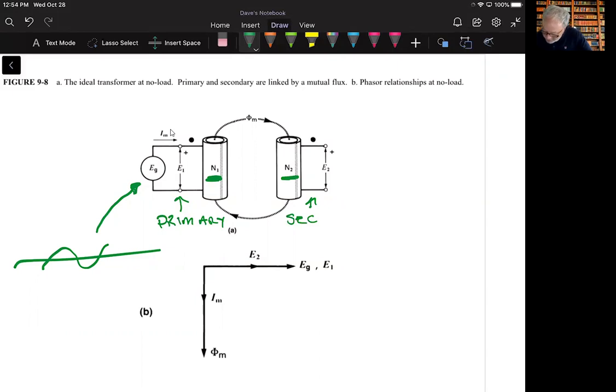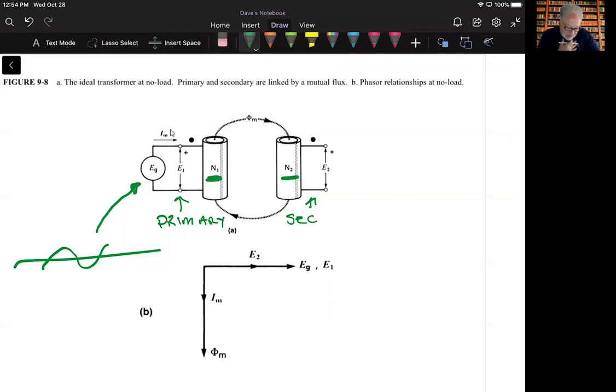The magnetizing current is created by the flux, and this flux, which is indicated here, we call the mutual flux, and we're saying that all of the flux that is produced is completely linked to the secondary. In other words, when we were looking at particulars of this earlier, we were talking about the leakage flux, but what we're saying is it's completely linked.